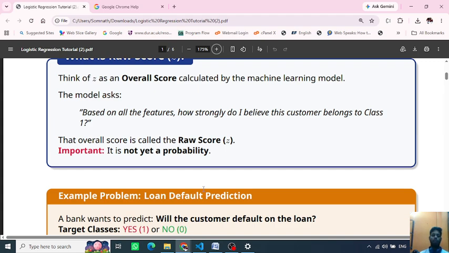That overall score is called the raw score. And obviously I told you that it is not a probability. If we apply the sigmoid function, then we'll get the actual probability value.